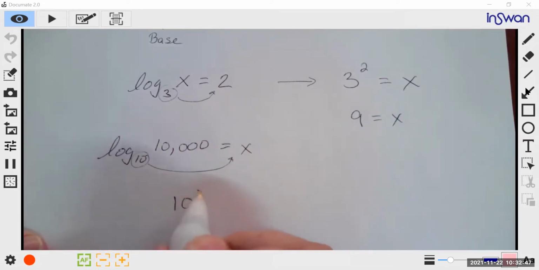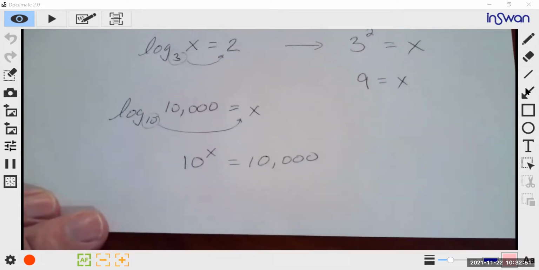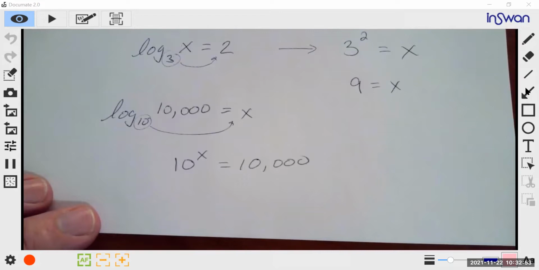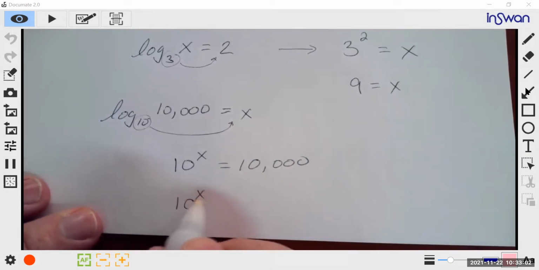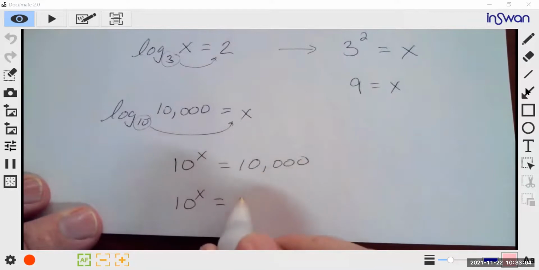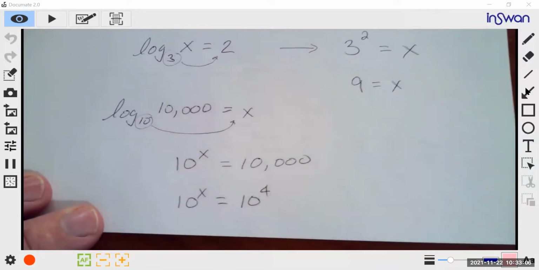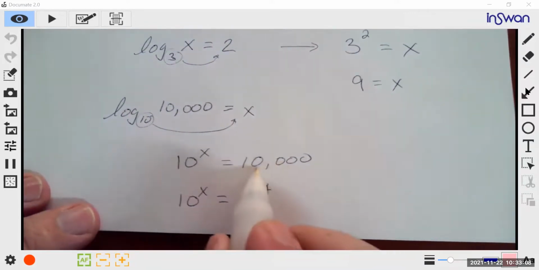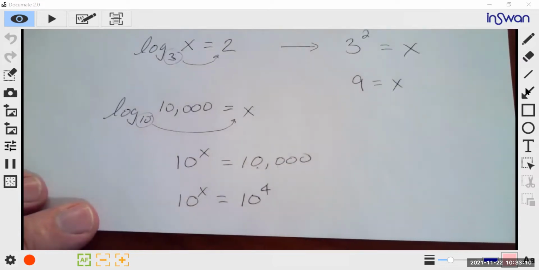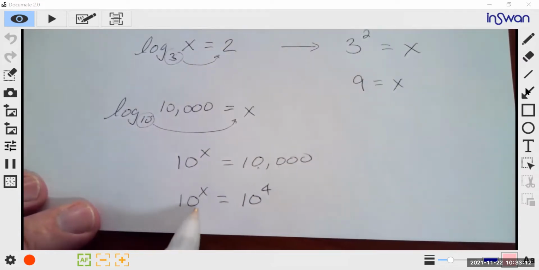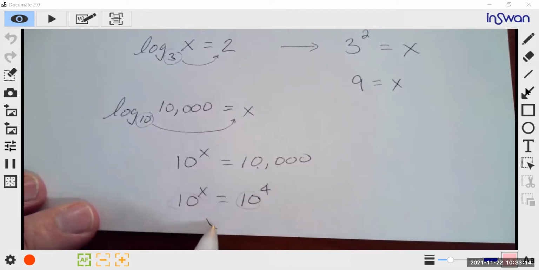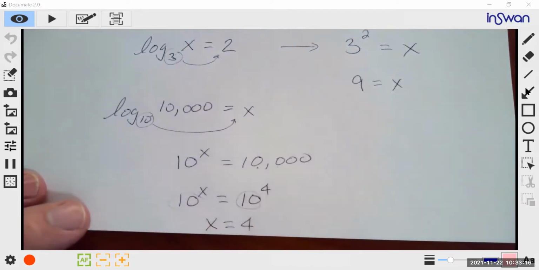So it's 10 to the power x is equal to 10,000. Well, 10,000 is the same thing as 10 to the power of 4, which we have 4 zeros. Since the bases are the same, x equals 4.